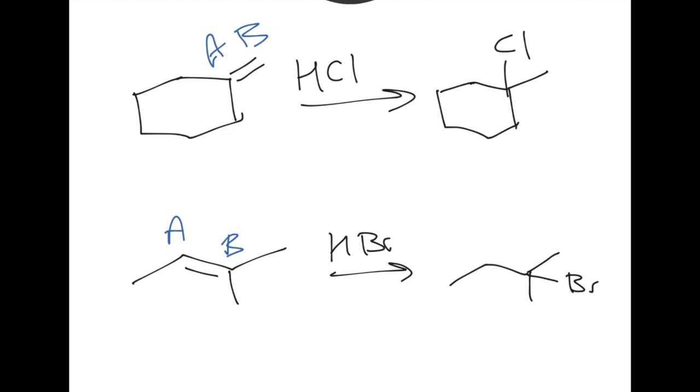It doesn't matter as long as that bromine is on that carbon. However you want to draw it, it's fine, right? They're all going to be 2-bromo, 2-methyl butane, regardless of how I have the bromine coming off that carbon, as long as it's on that carbon. So don't stress over that, right? Just make sure that it's on the right carbon.